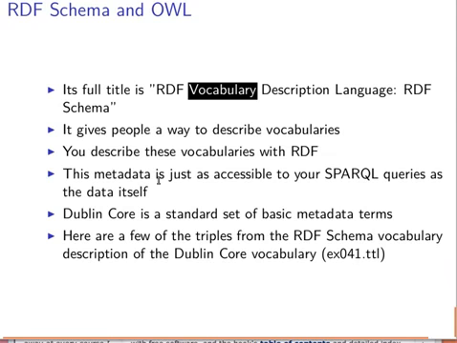So now what happens is we describe these vocabularies with RDF, again using the ideas of triples. Now, because they describe vocabularies, we have data about data. Our vocabulary is data, yes, it's a set of terms, and then we describe that vocabulary, or we describe that data, so we have data about data, i.e. metadata.